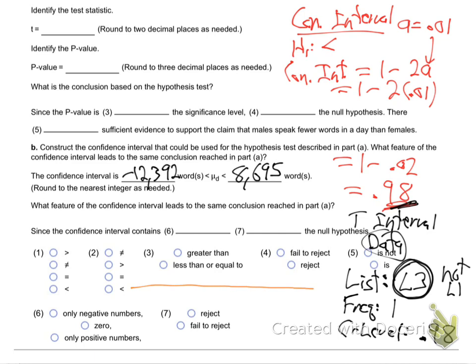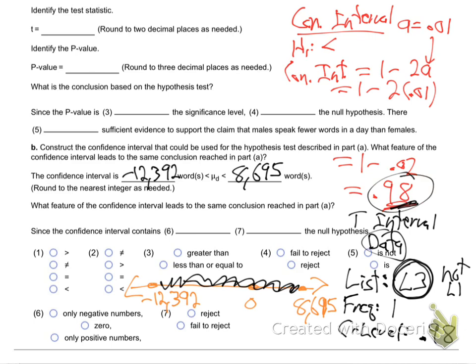That means that between negative 12,392 and positive 8,695, and by the way, zero's in there. Zero's about right here, isn't it? So we are, what? 98% sure.